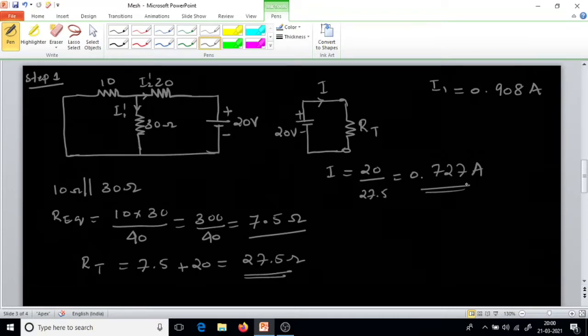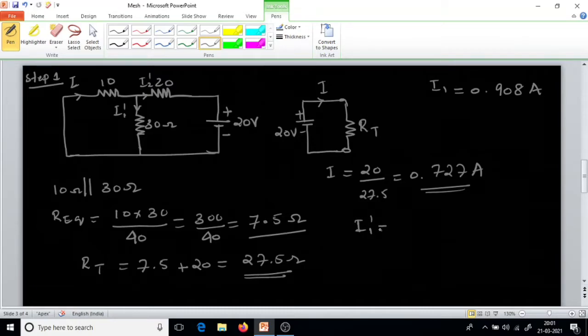Now we have to use the current division rule. Here I is flowing, I equals 0.727. I want the current I1 dash.